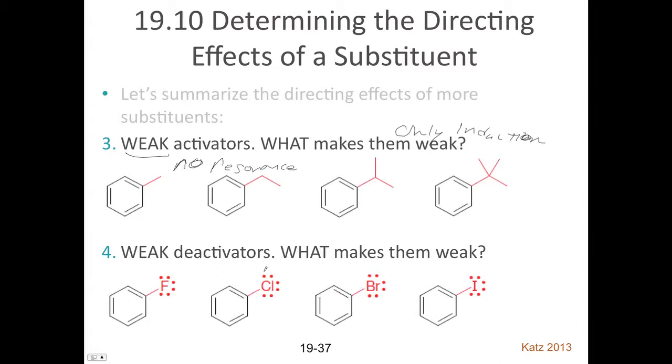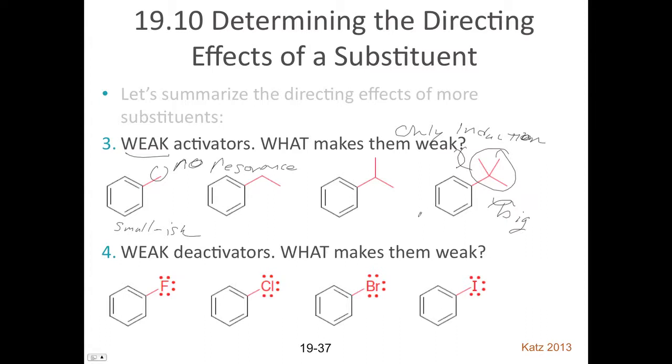What makes them different, though? This one here, tert-butyl, is big. This one here is methyl, smallish, and everything in between. That means that these will all theoretically direct ortho-para. But because this is so big, it might not direct ortho as much, because you might have lots of steric hindrance here.